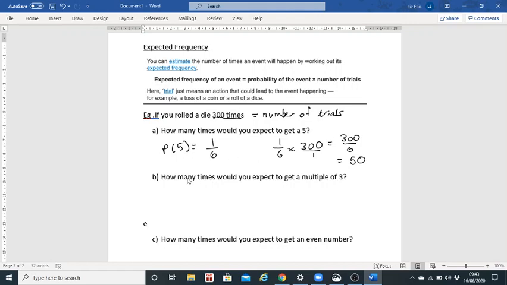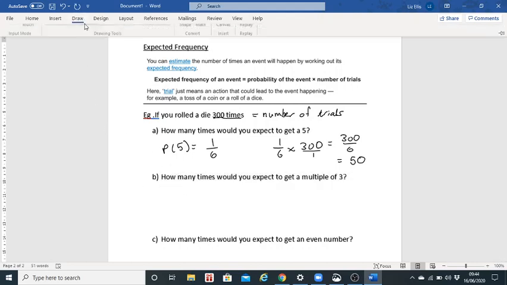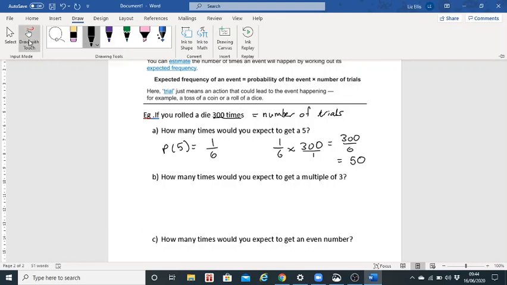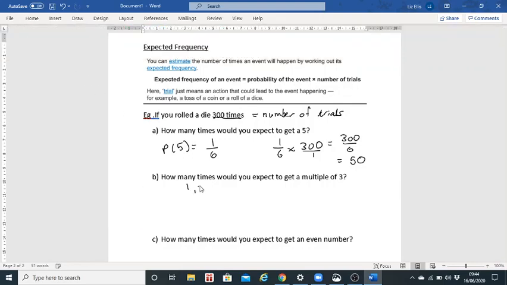Let's try a different one. How many times would you expect to get a multiple of 3? So we want to get a multiple of 3. Well, let's think. On a die, we've got the numbers 1, 2, 3, 4, 5, and 6. How many of these are multiples of 3? Well, hopefully you remember your multiples of 3 are your 3 times table. So that is 2 of them.